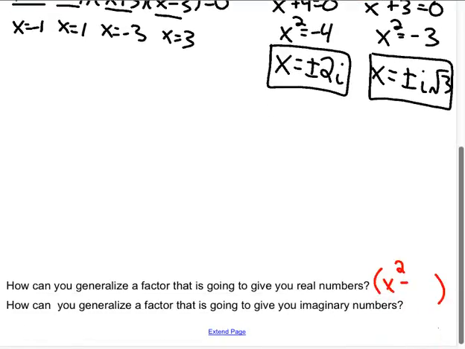So imaginary solutions are going to come from x squared plus something. So hopefully you begin to recognize how those factors relate to the solutions that they're giving you. Okay, an x squared plus a number, that's going to give you an imaginary solution. X squared minus a number is going to give you a real solution. Okay, that's going to help you recognize when you should be getting real versus when you should be using the i's for imaginary.